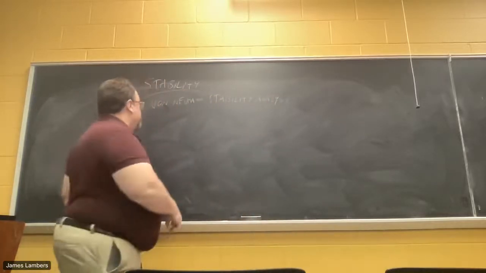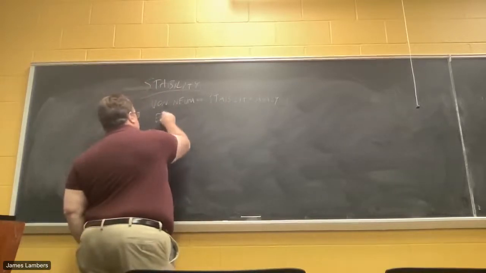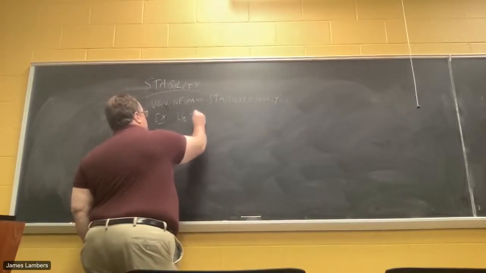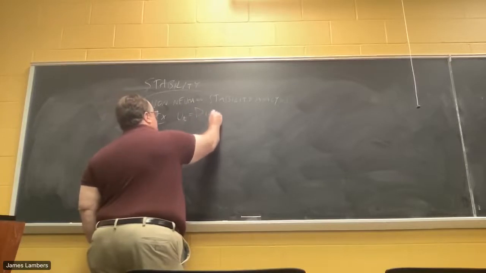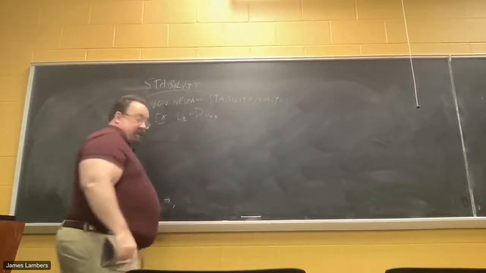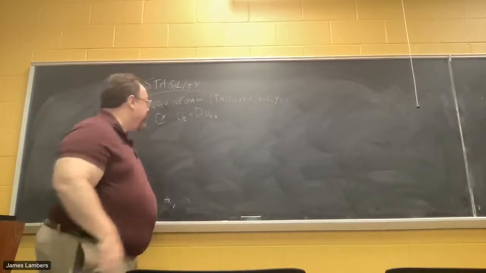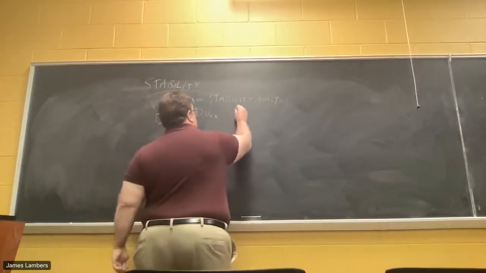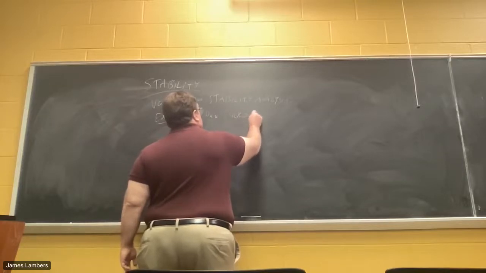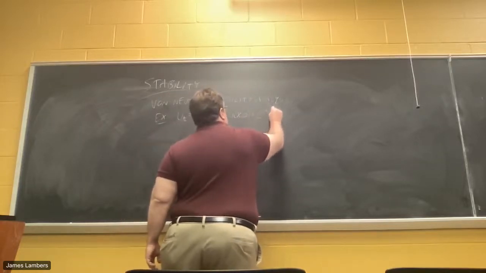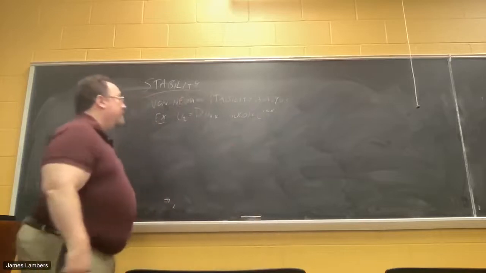So there's going to be some examples of this. The PDE is u t equals some constant D times u xx. And the initial data is e to the i k x, where k is some constant.